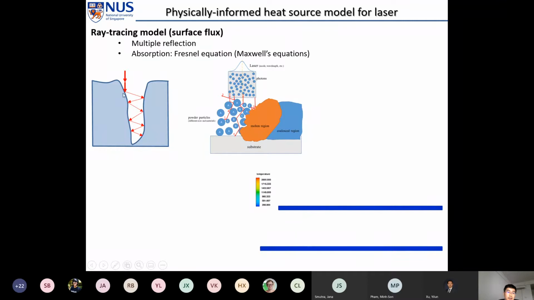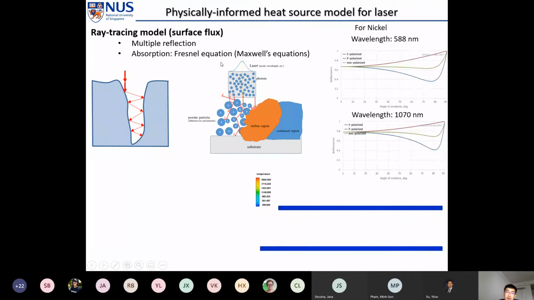To calculate the energy absorptivity at each reflection, we use the Fresnel equation, which is essentially derived from Maxwell equations. This equation considers the influence of the material, the wavelength, and the polarization of the laser. You can see here for this nickel alloy, for different wavelengths and different polarizations, the reflectance will be different.